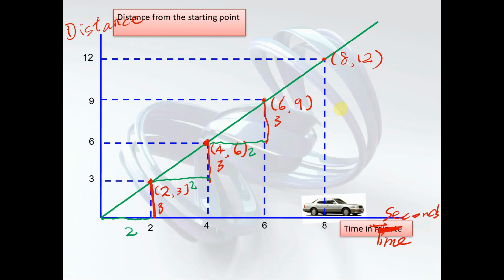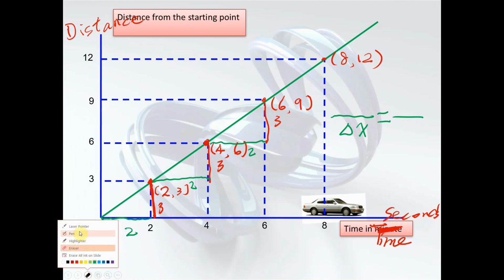Okay. So back to the definition. Slope is defined as change of y over change of x. Obviously change of y is 3.